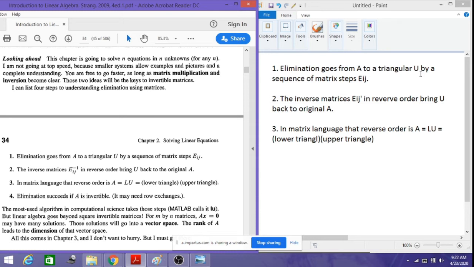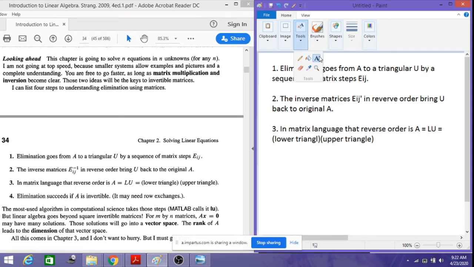So we have to make the part below the diagonal of the A matrix 0, bring it to the upper triangular form, and then bring it back by using the inverse method so that we get back our A. Otherwise, in matrix language, in reverse order we can obtain A equal to L into U. L is our lower triangular matrix. If you multiply the lower triangular matrix with the upper triangular matrix, we get back our A.